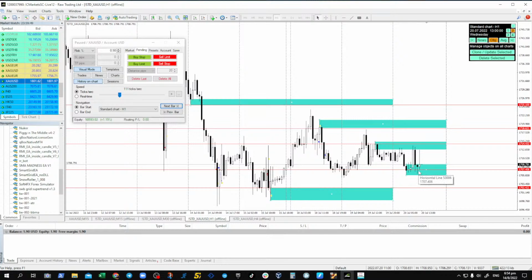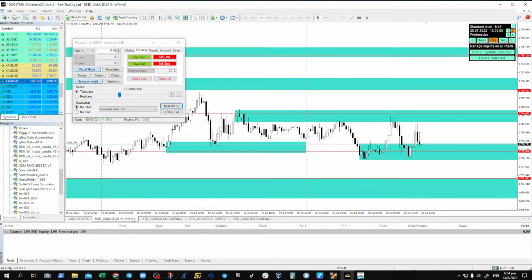Okay, but now this zone is only like 40 pips. It's a bit too small to trade, basically. Yeah, this zone is very small. It's a bit hard to trade that zone, honestly. But let's see how price moves in M15.